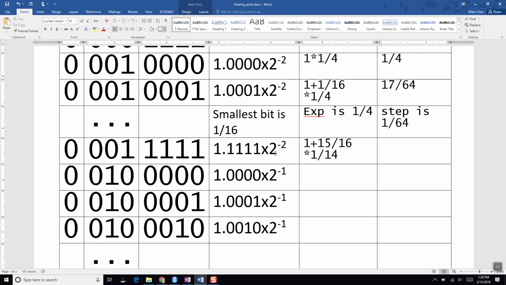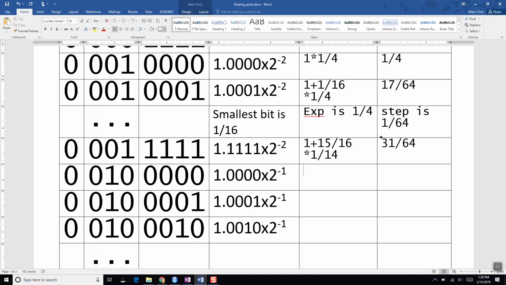So what does this equal to? We can think of 1 as 16/16. 16/16 plus 15/16 gives me 31/16. So I'm going to have 31/64.